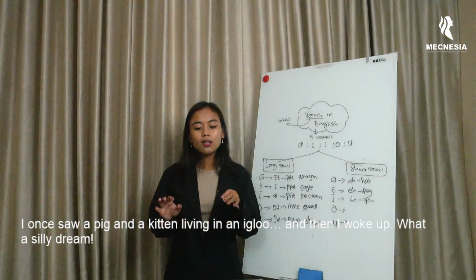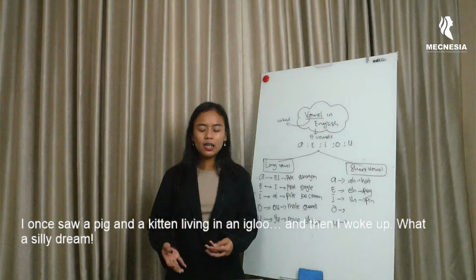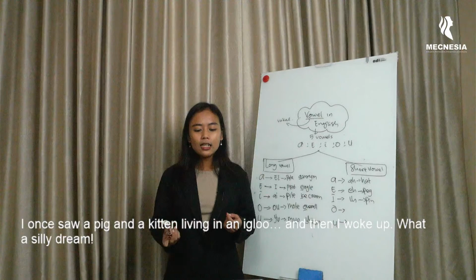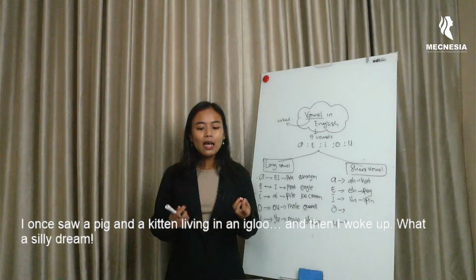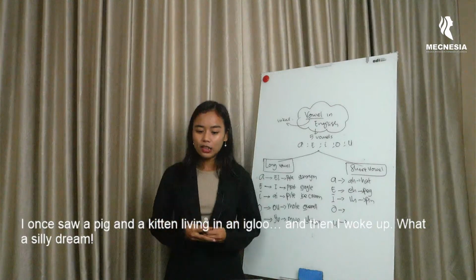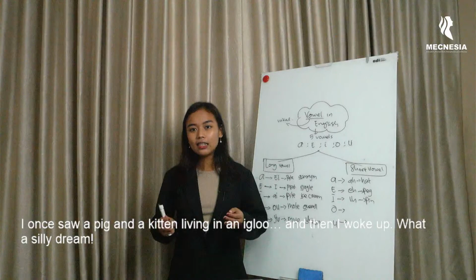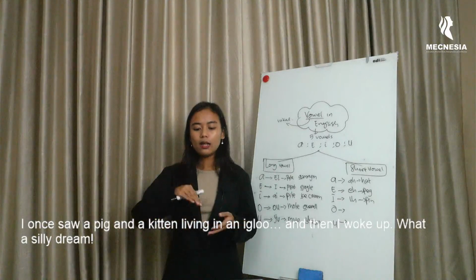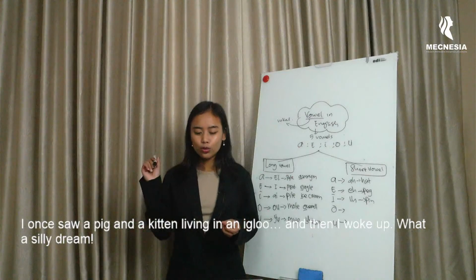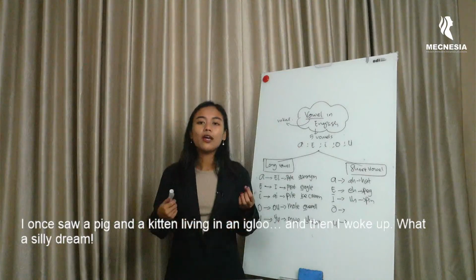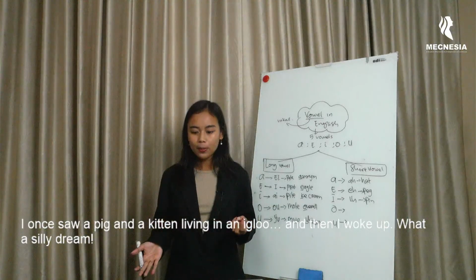Jadi aku pernah ngelihat pig, babi, and a kitten, dan anak kucing, living in an igloo, yang tinggal di dalam igloo. Igloo adalah rumah dari es yang ada di kutub. And then I woke up. Lalu aku terbangun.